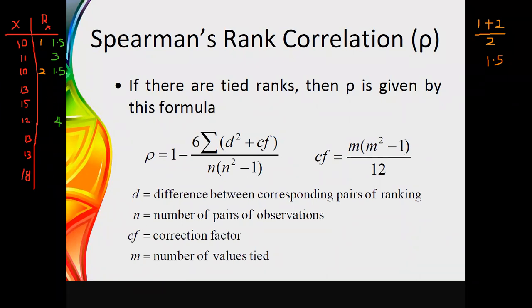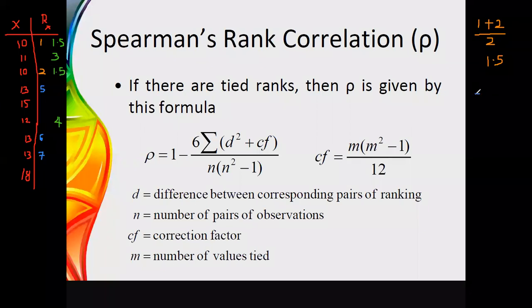But if you look at this value 13, you can see that there is a set of repeated values. We have gone up to ranking number 4. Then 13 can be given as ranking 5, then this is 6 and this value is 7. The magnitude is the same, but we have given three different rankings.